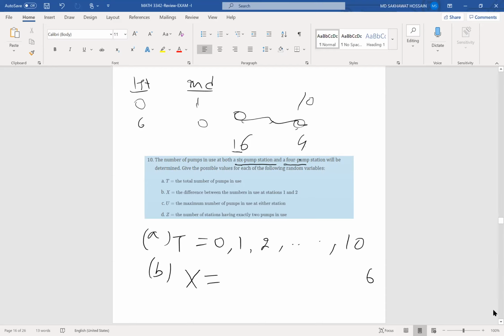Since we are taking the difference from station 1 to station 2, the minimum difference will be when station 1 has 0 and station 2 has 4. Then the difference will be 0 minus 4, which is negative 4. So it can also take negative 4. So negative 4, negative 3, negative 2, negative 1, 0, 1, and up to 6.